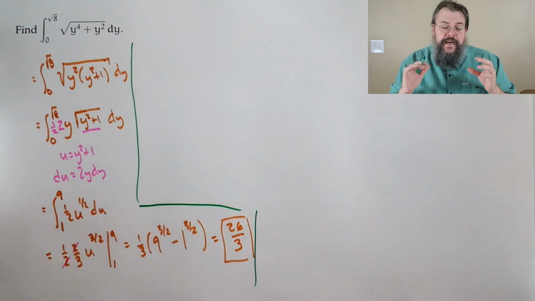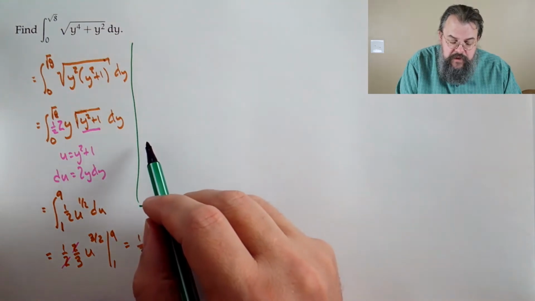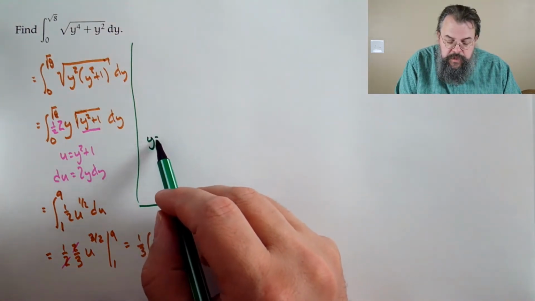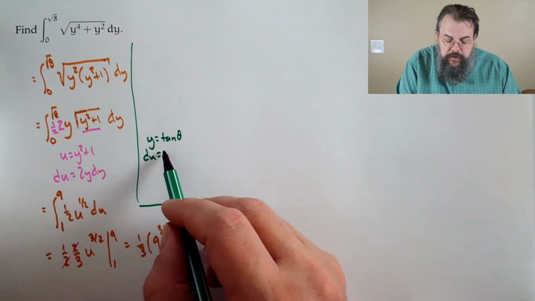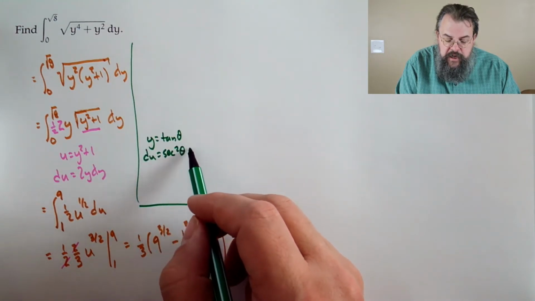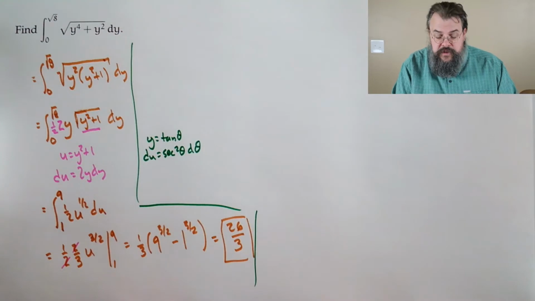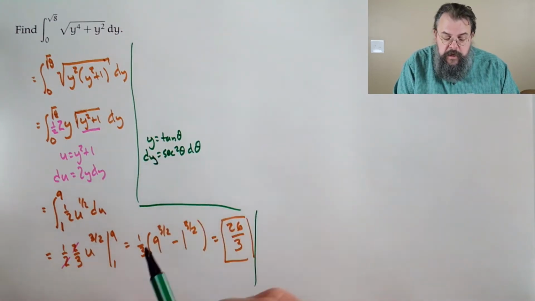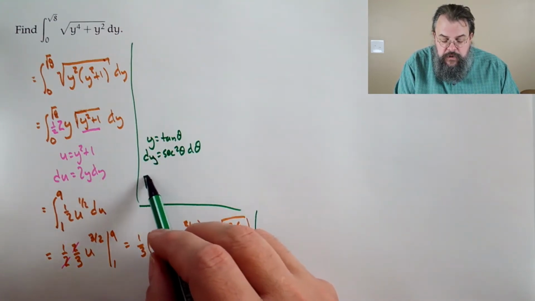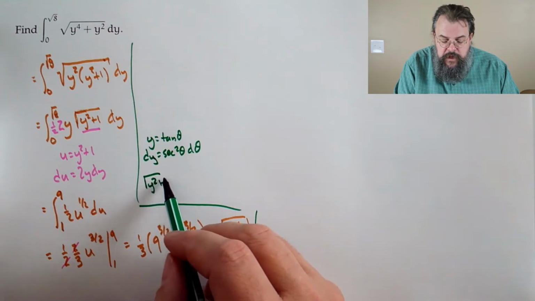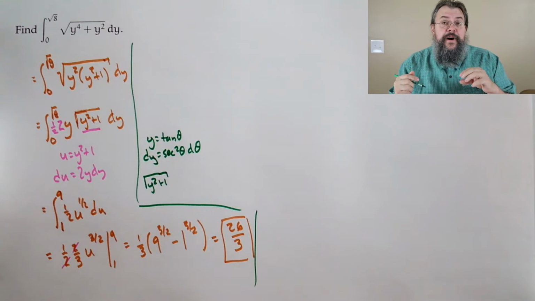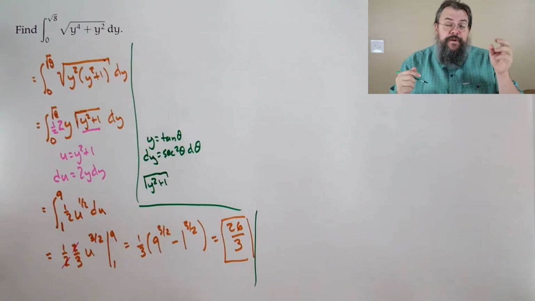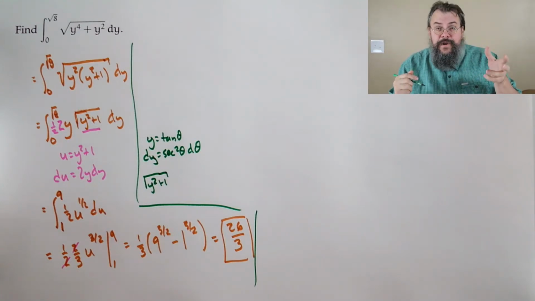So when we see that form, that tells us the kind of substitution we should make would be y equals tangent theta. The dy would be secant squared theta d theta, that's the derivative of tangent, and then the square root of y squared plus 1, and this is why we made our substitution, so that this will simplify. That's tangent squared plus 1, which is secant squared.